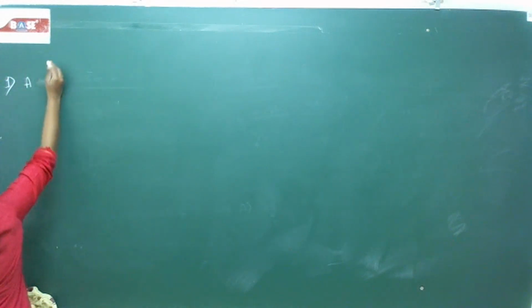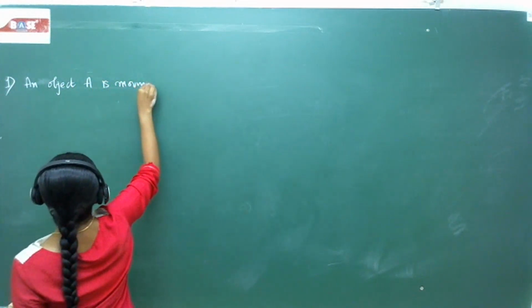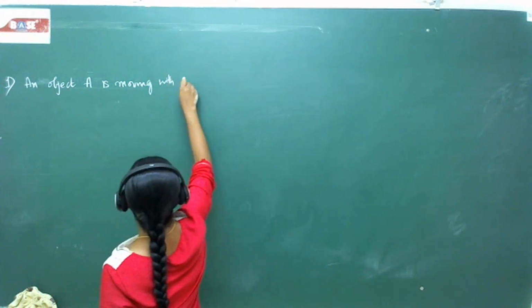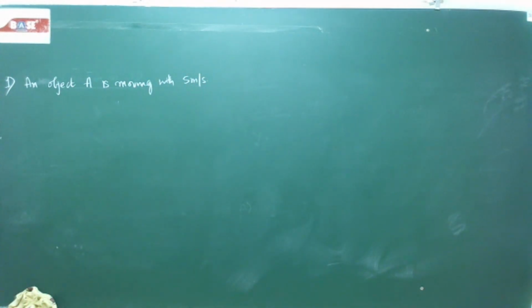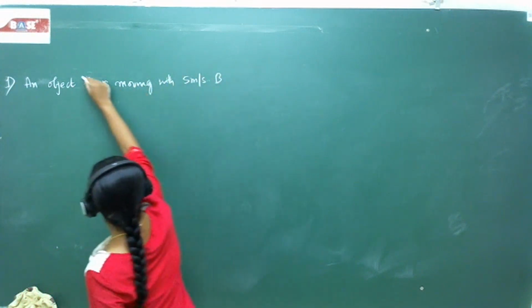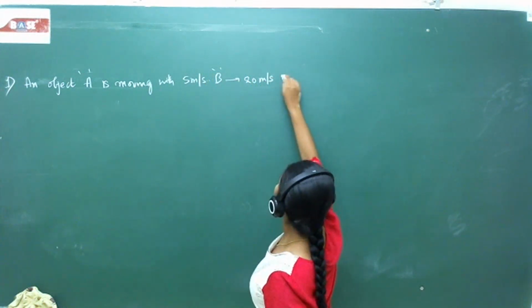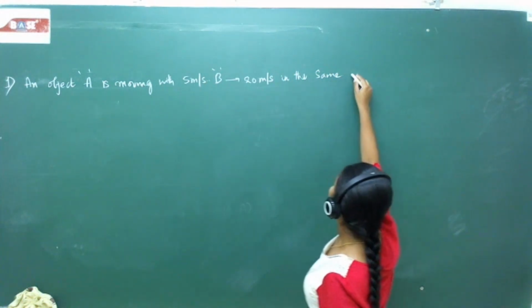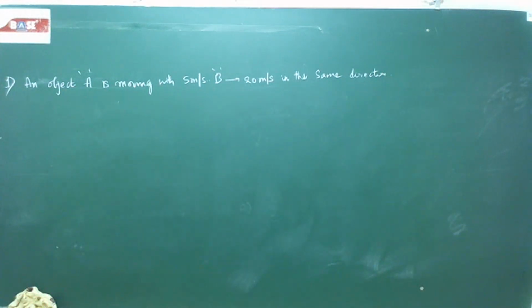Problem 1. An object A is moving with 5 meters per second and B is moving with 20 meters per second in the same direction.